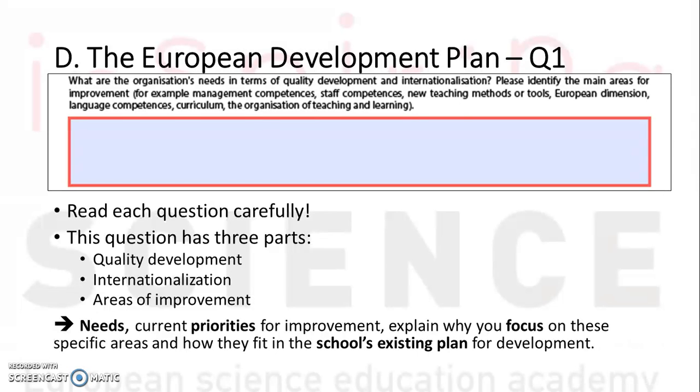It could be about new teaching methods, new teaching tools, the curriculum, or the organization of teaching. So wherever you identify needs for improvement in your school and you would like to address this by using the Erasmus Plus program, this is the chance to give the general overview.